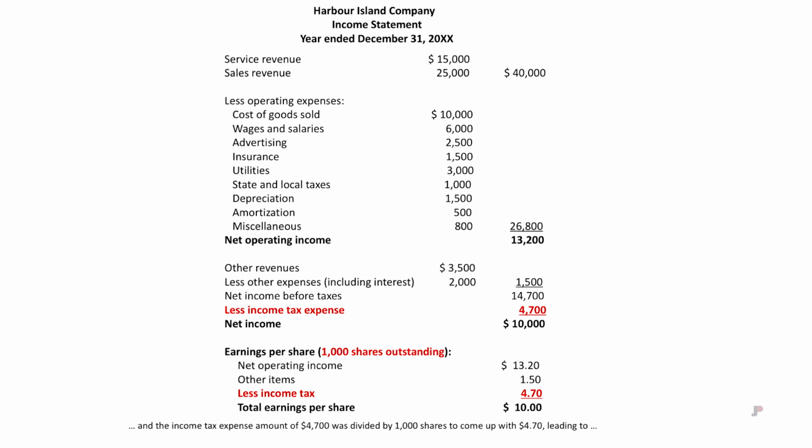And the income tax expense amount of $4,700 was divided by 1,000 shares to come up with $4.70, leading to a total earnings per share amount of $10, which is equal to the $10,000 in net income divided by the 1,000 outstanding equity shares.